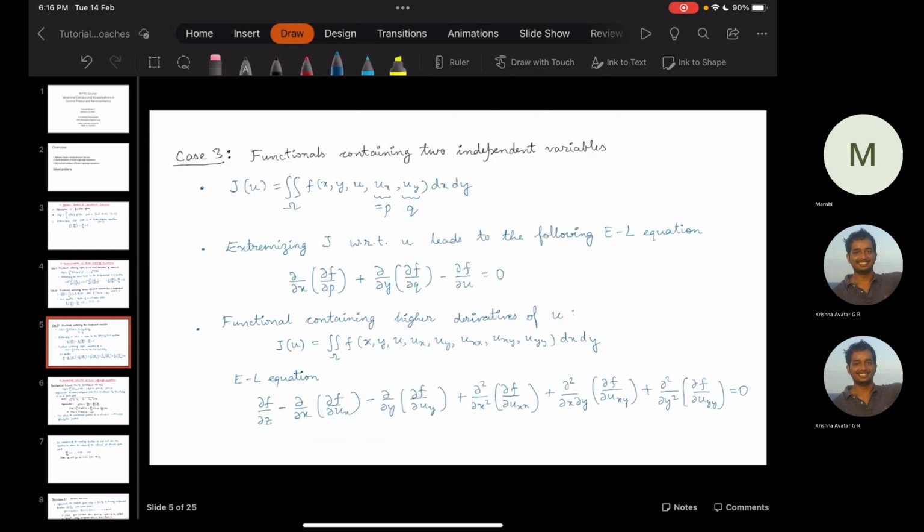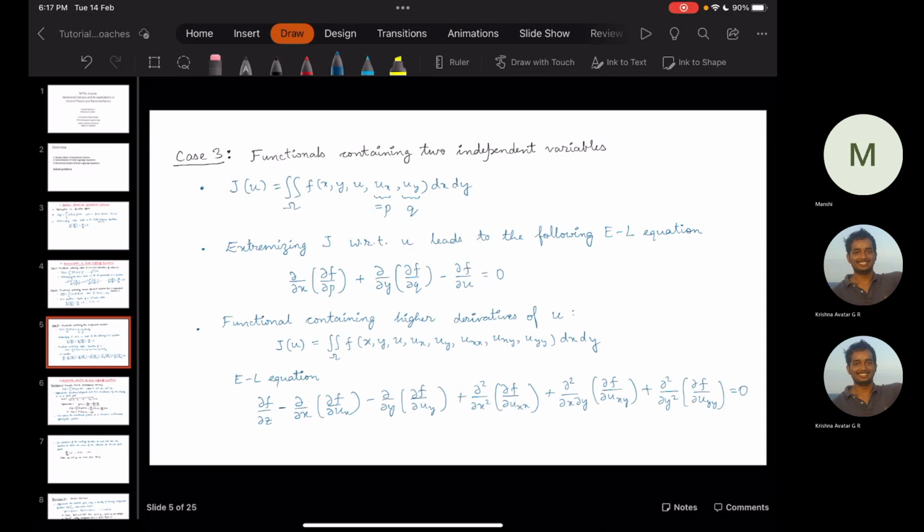Now let me proceed to case 3. Case 3 is about functionals containing two or more independent variables, but right now in our discussion we'll just consider two independent variables. We have a standard expression for the simple functional containing two independent variables, and it has just first derivatives of the extremal u.